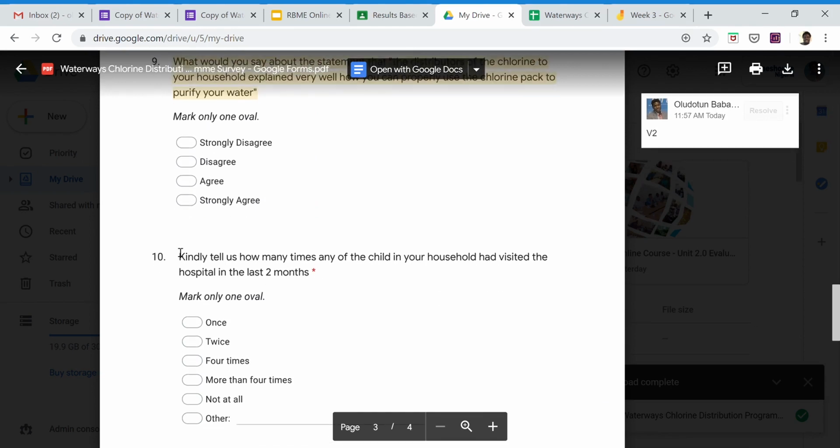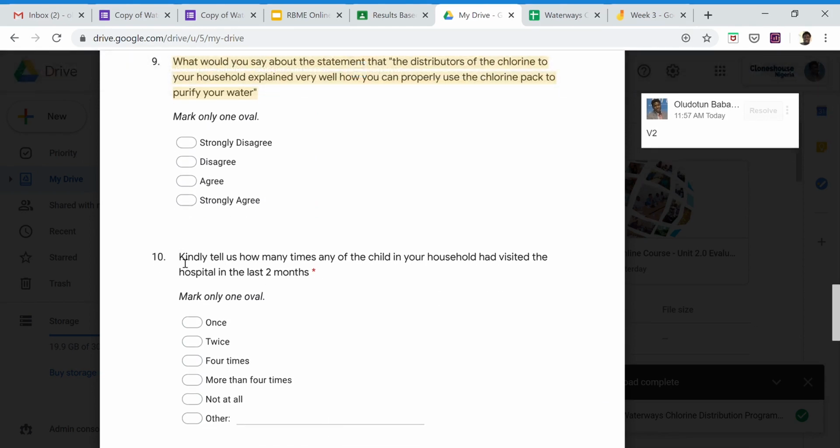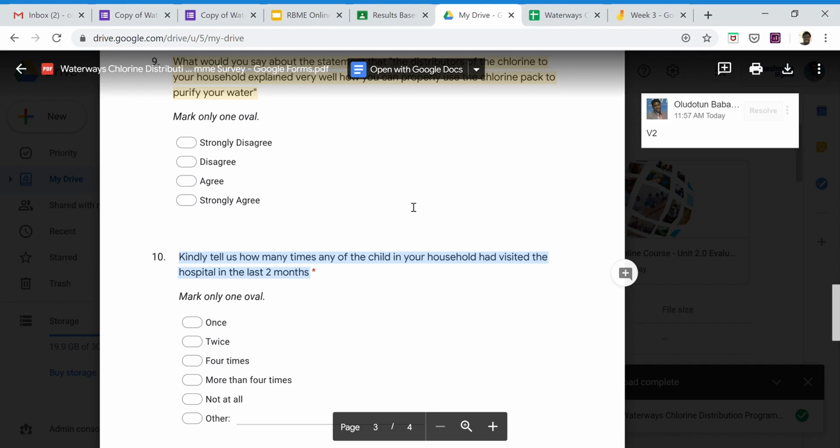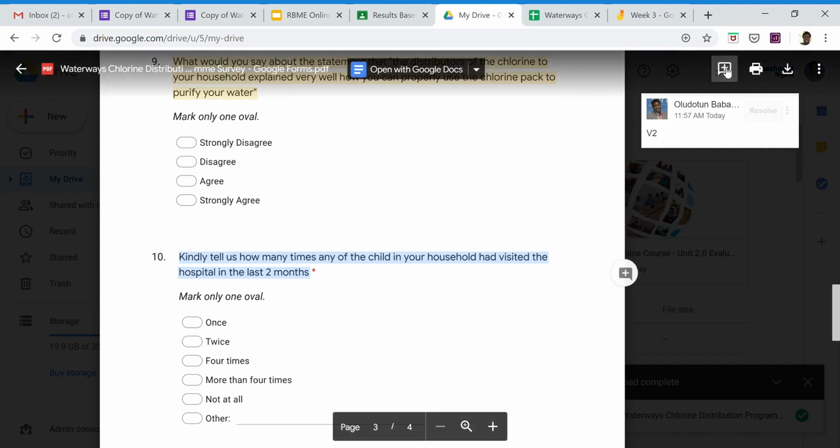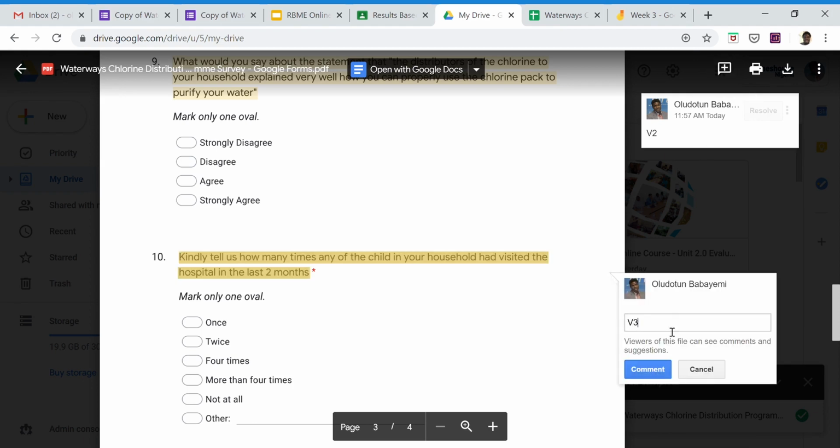Yes, so this is child visit. This is the average number of times the child visits the hospital, as an indicator. So this is another variable, so I can have v3.